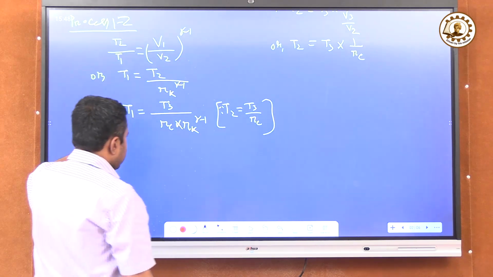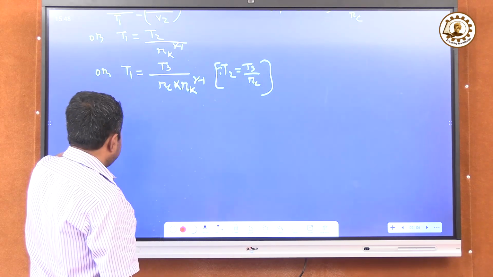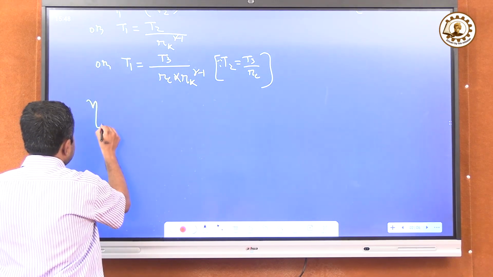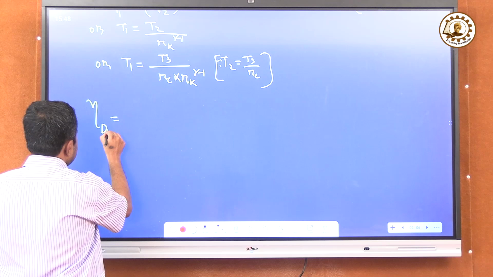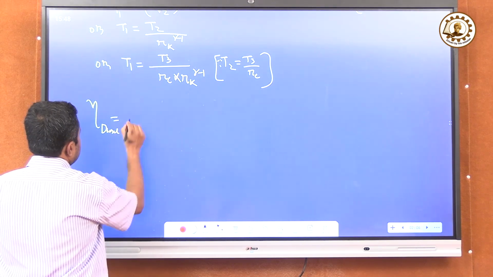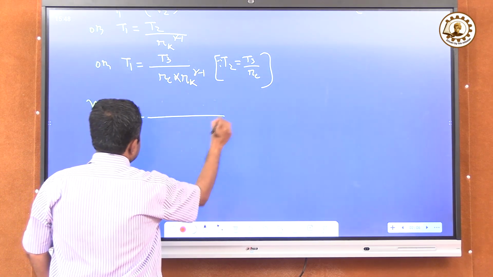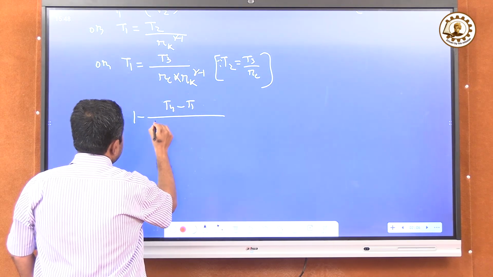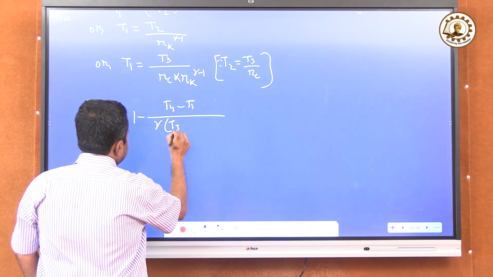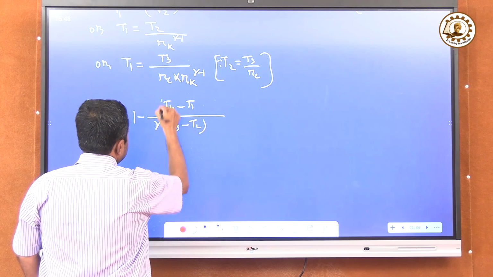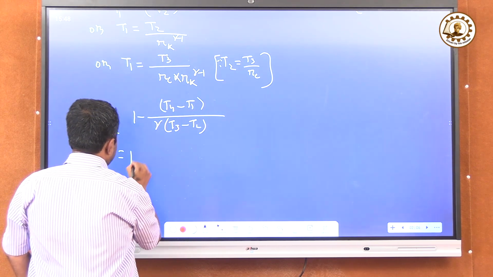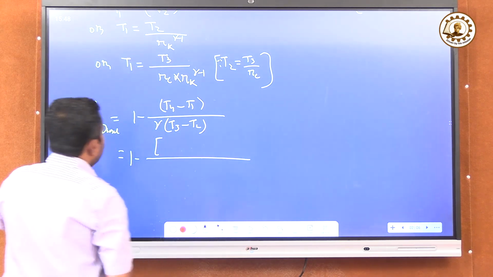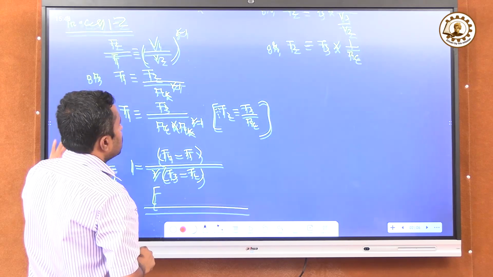Now we substitute all the values of these temperatures in our formula for the efficiency of the diesel cycle: 1 minus T4 minus T1 by gamma into T3 minus T2. Now we can write 1 minus, what is the value of T4?